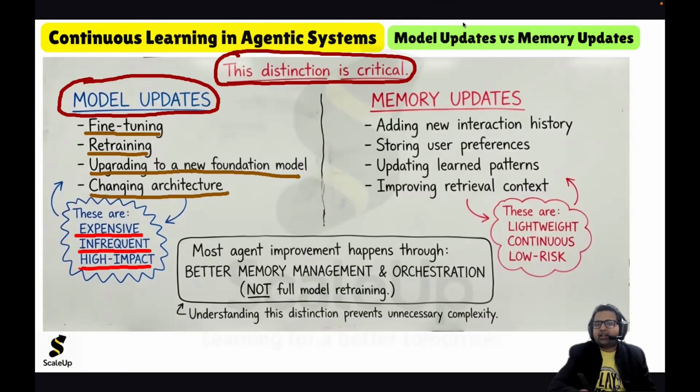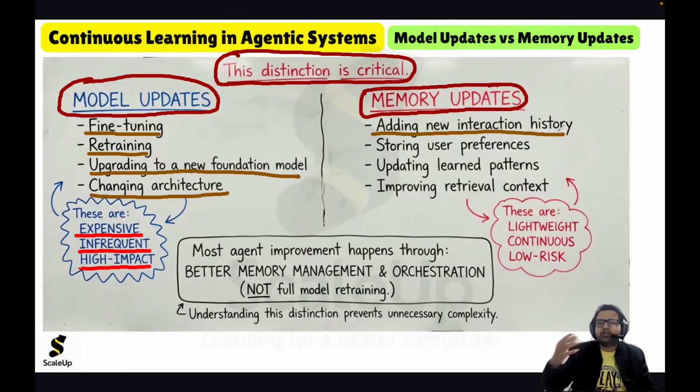On the other hand, memory updates are about adding new interaction history. So memory updates means we are updating the context, we are updating the memory, because we know that a large language model, or any foundation model like the LLM, is stateless. It does not have a memory of its own.